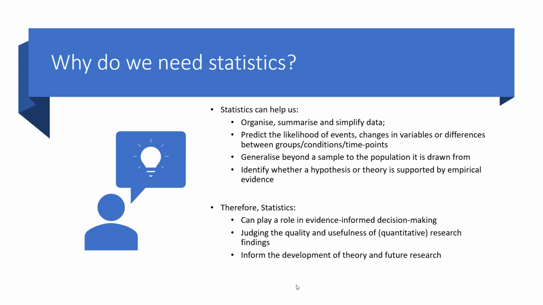And ultimately, they help us to develop and refine theory and identify areas for future research. But as I hinted earlier, they have to be derived from empirical research work which is reliable and valid.